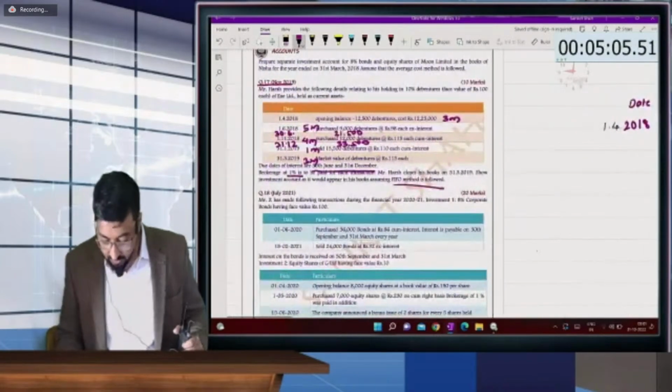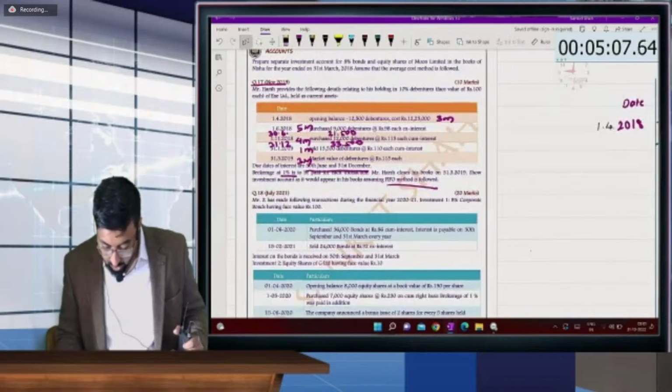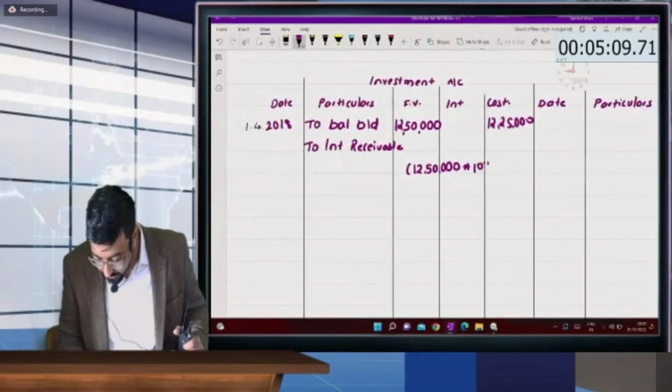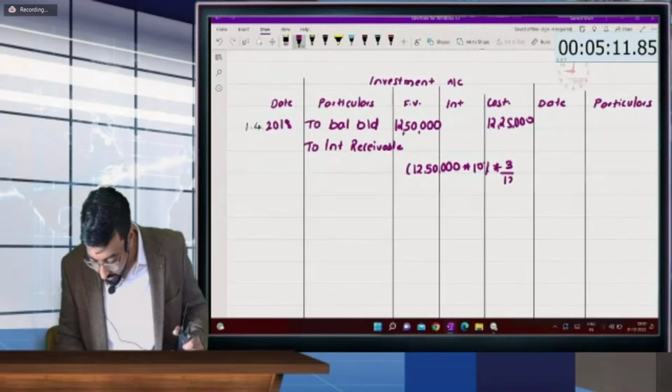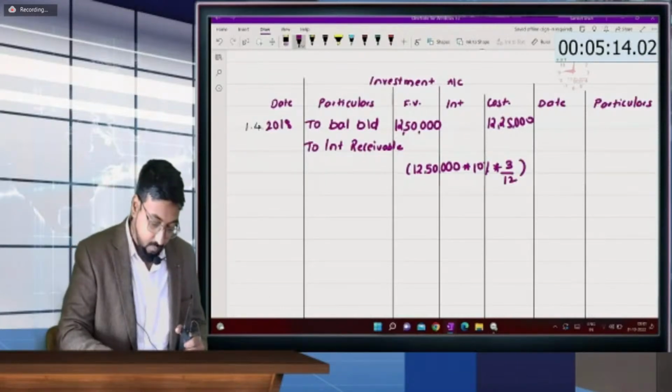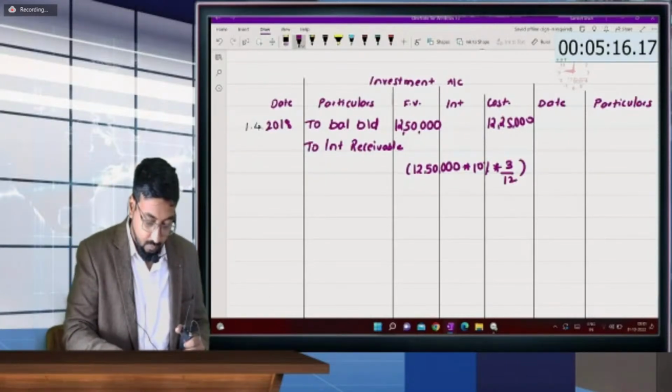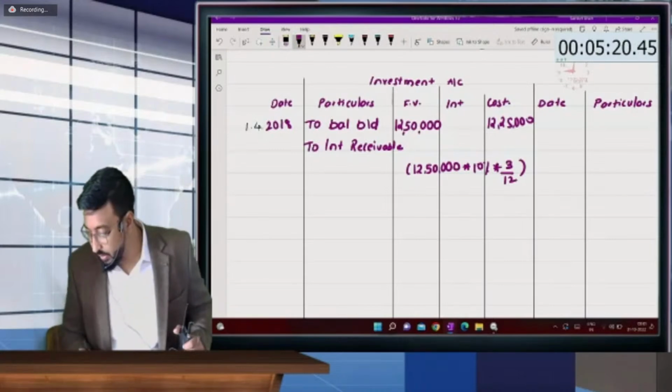Beta, this is exam speed. You need it. 12,50,000 into 10% into 3 by 12 is 31,250.